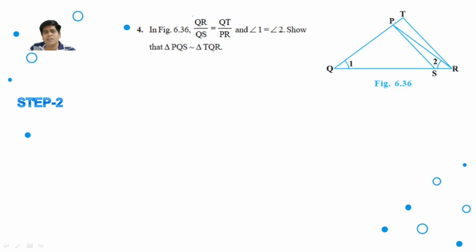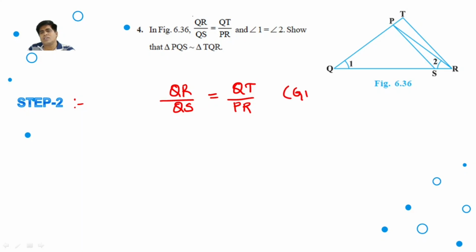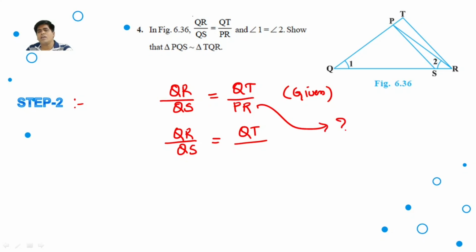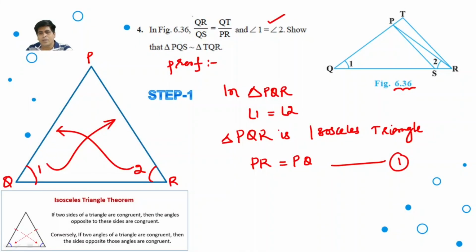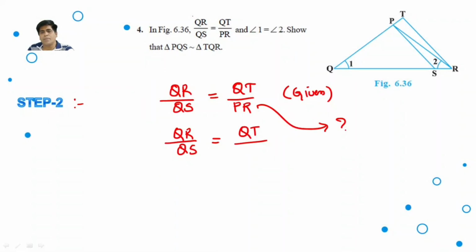He has given QR by QS is equal to QT by PR. This is the given ratio in the data. Instead of PR, what do I have? If I go back, from equation number 1, PR is equal to PQ.